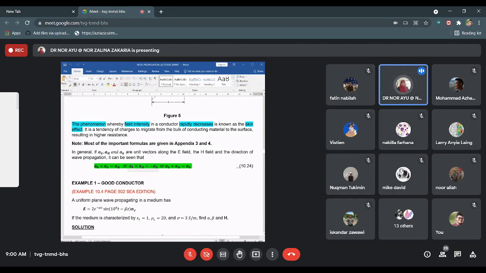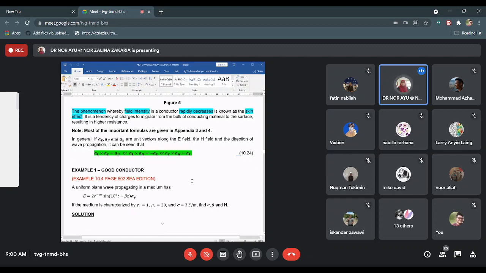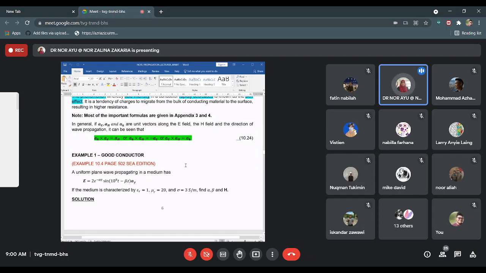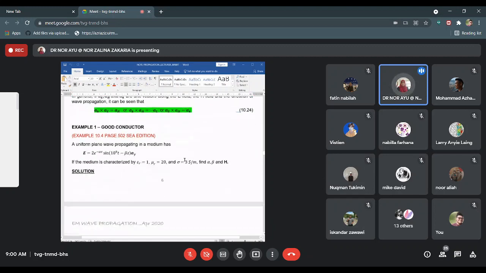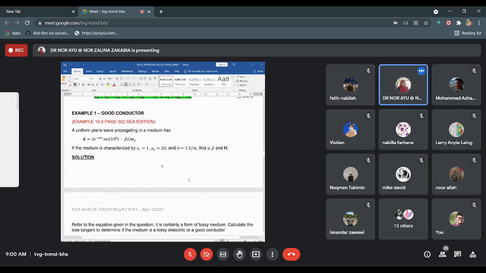If aK cross aH, you will get negative aE because it is the other way around. All right, so aE cross aH, you will get aK.